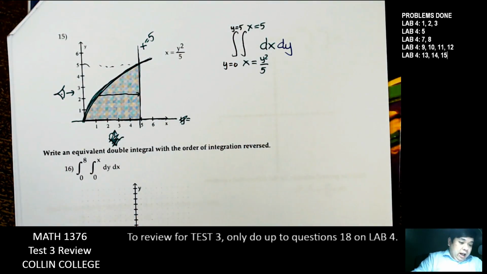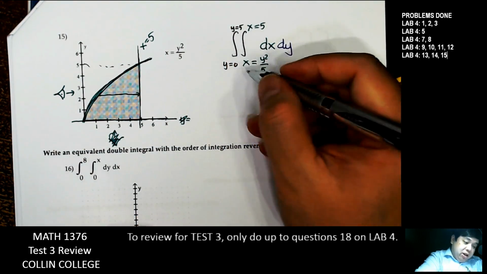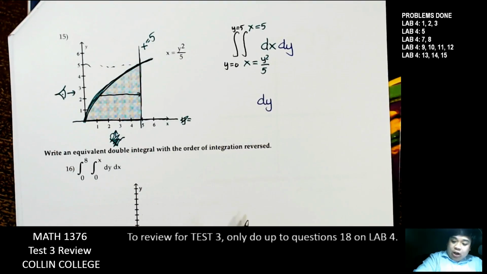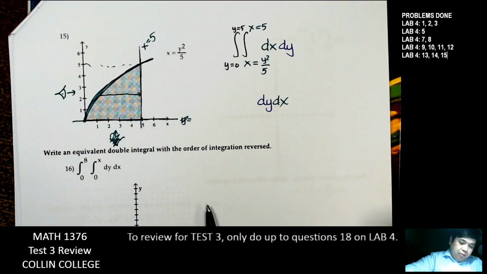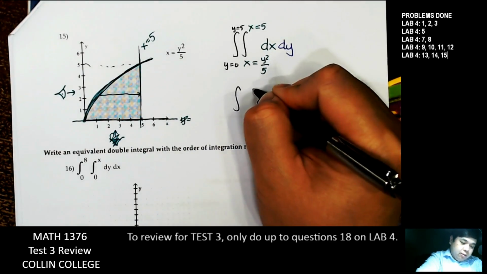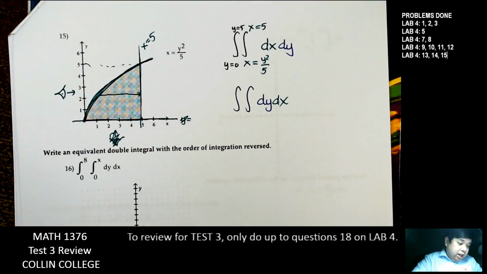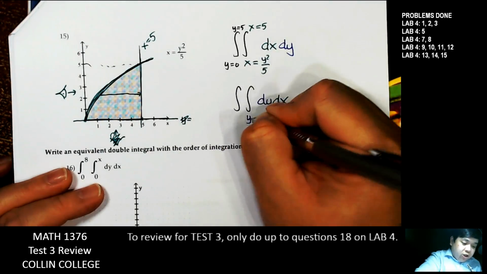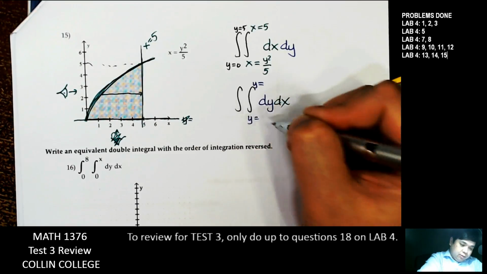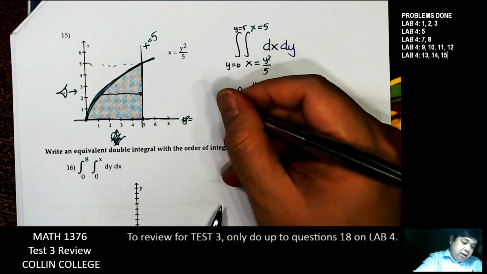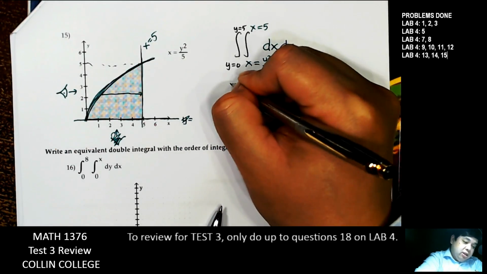Now I try to put the y in the middle and see if we can do that or not. If the y is in the middle, we need two functions for y. And then x on the outside are two numbers.